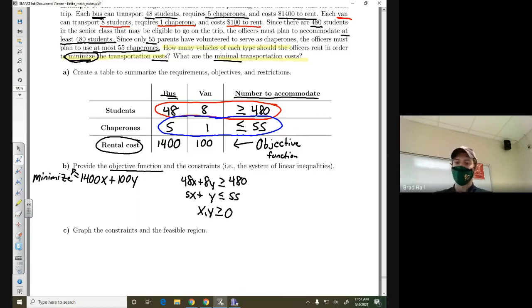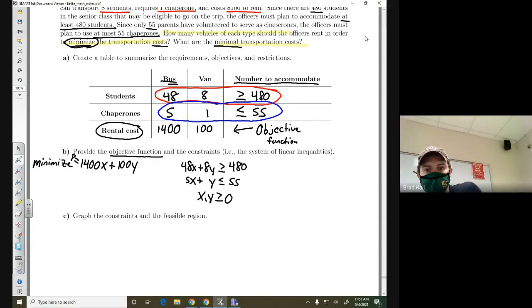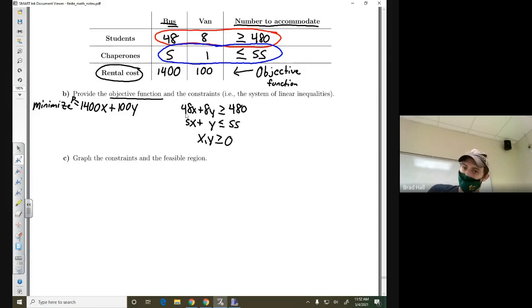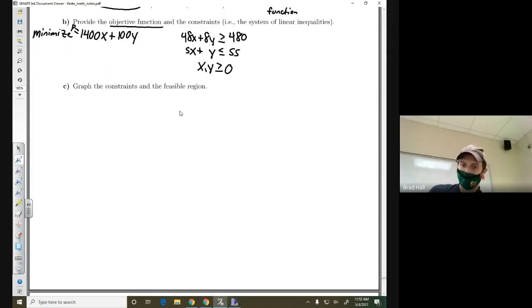But we can list them here. So now we've taken the table and rewritten it as an objective function and a system of linear inequalities. So now we can scroll past the table, go down to this, and graph everything.